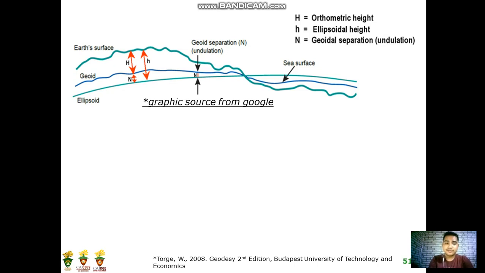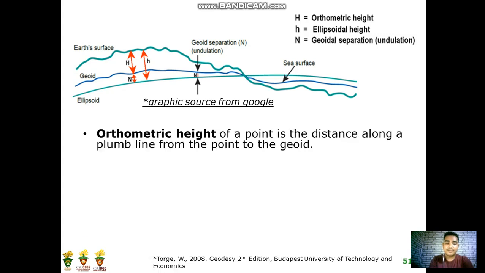And we have also here, I am going to introduce now the different heights, no, to have the relationship between these surfaces. So para mas madali na to siya masabtan, and the relationship between these surfaces, we have these heights or formula. First is the orthometric height. So kanang h nga dako diha, denoted by big H, of a point is the distance along the plumb line from the point to the geoid.